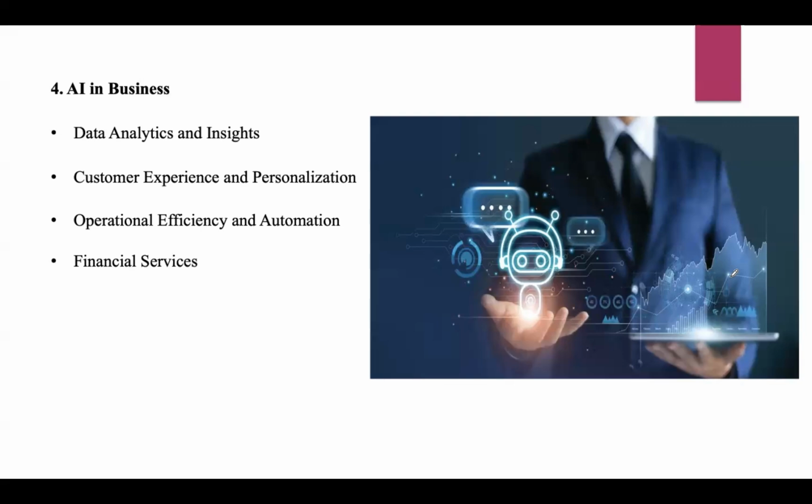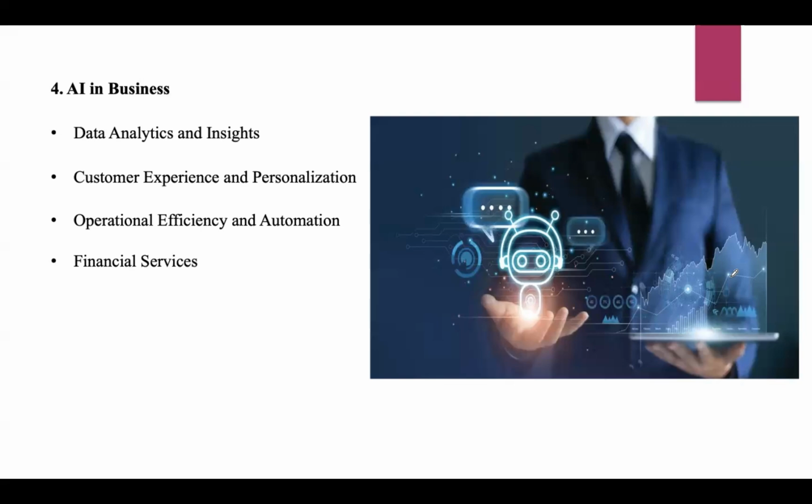So, robotic process automation uses artificial intelligence to perform rule-based tasks with speed and accuracy, thus reducing human error and freeing up employees for higher value work. Best example for this is AI-powered chatbots. They can handle customer inquiries 24 by 7, improving response times and reducing operational costs for customer service departments.